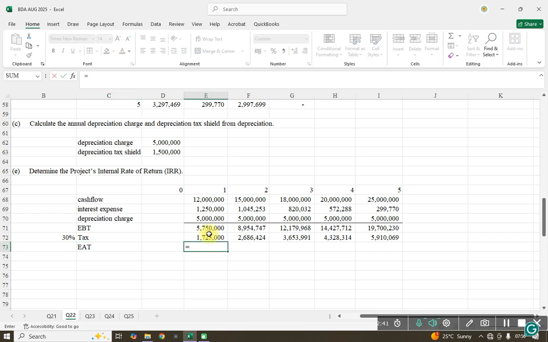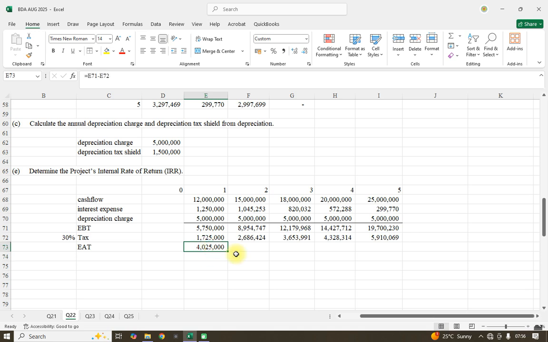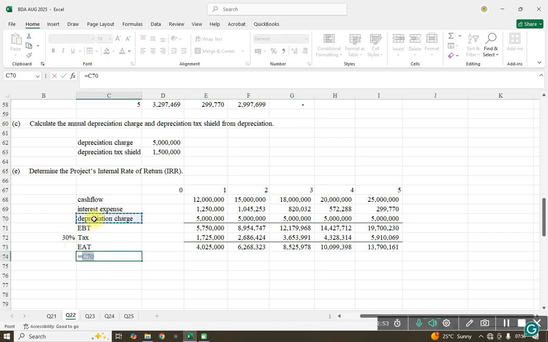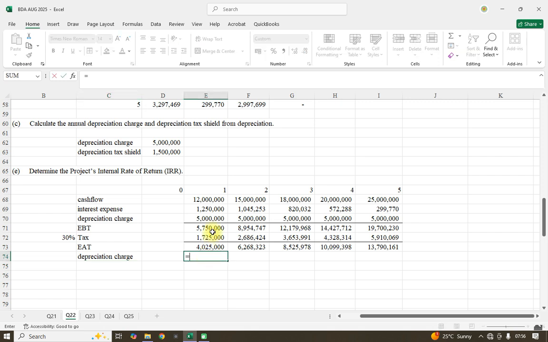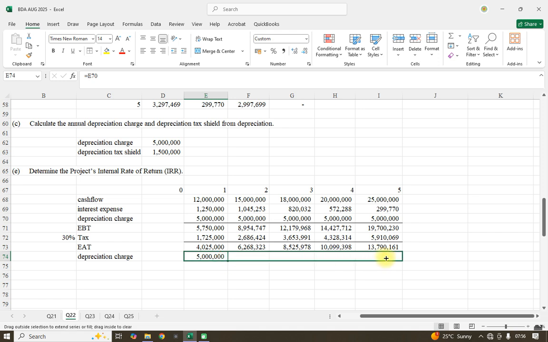Earnings after tax, we minus the 2, our earnings after tax. Then we add back the depreciation, because the depreciation is only for the purpose of taxation. Supposed to add it back and get your net cash flow.